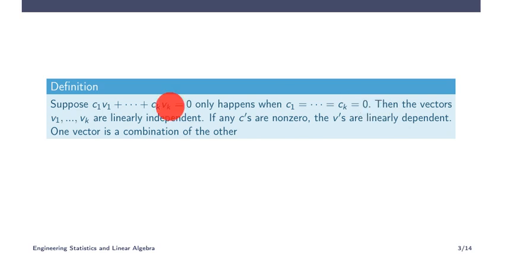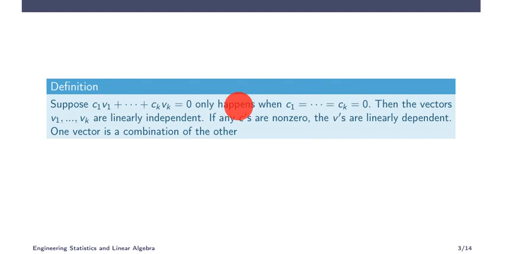If that happens, then the vectors v1 up to vk are linearly independent. Remember, the linear combination of k vectors is 0 if and only if their coefficients are 0; only then can it be called linearly independent. If any one of the c's becomes non-zero, then the vectors v are linearly dependent.